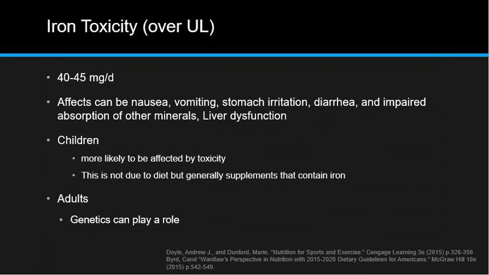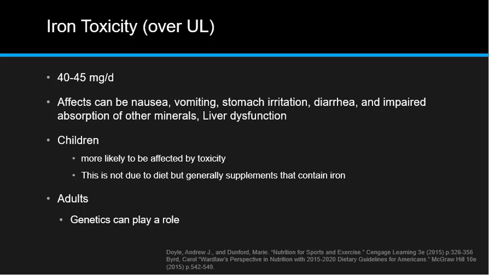The UL is around 40 to 45, generally 45 depending on who you are, but the UL for iron, effects can be nausea, vomiting, stomach irritation, diarrhea, impaired absorption of other minerals, and liver dysfunction.